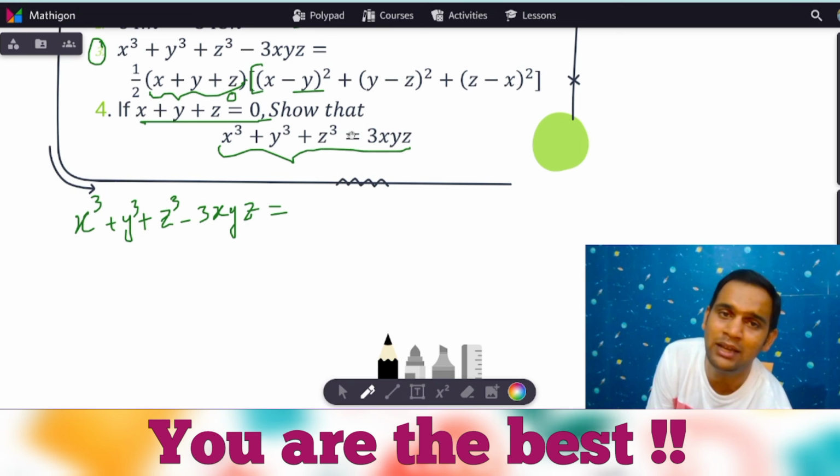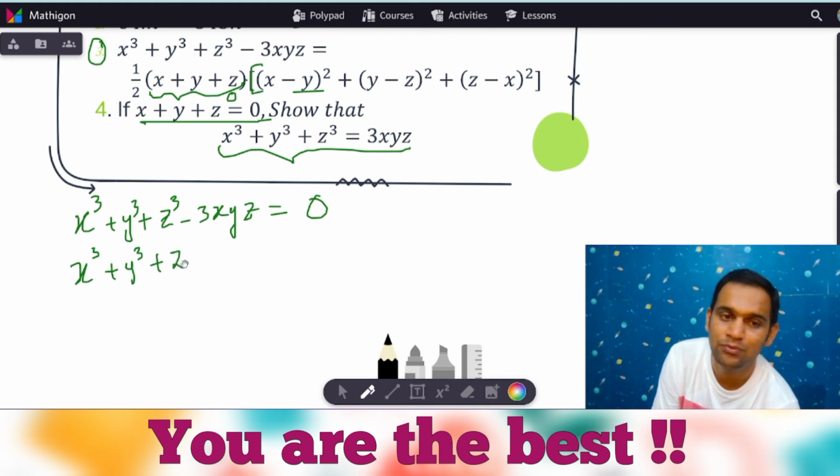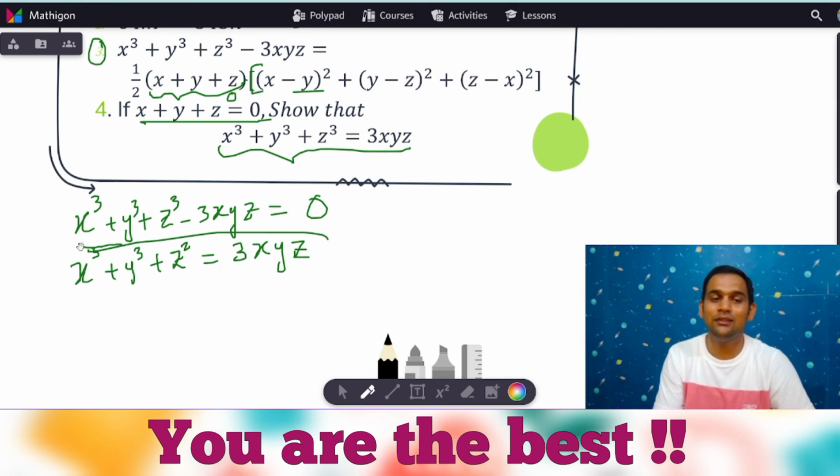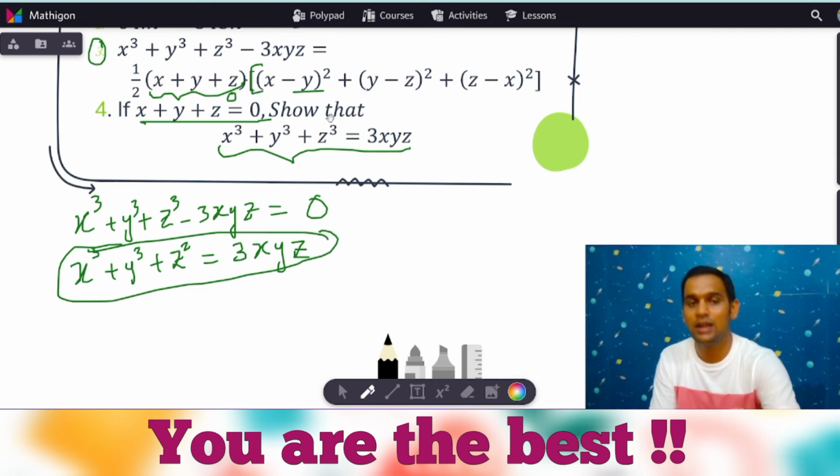So 0 multiplied by anything is 0. So take the 3xyz to the other side. So you get x cubed plus y cubed plus z cubed equals 0 plus 3xyz, you get 3xyz. And hence we have shown. So easy question, right? But we need to understand this particular identity.